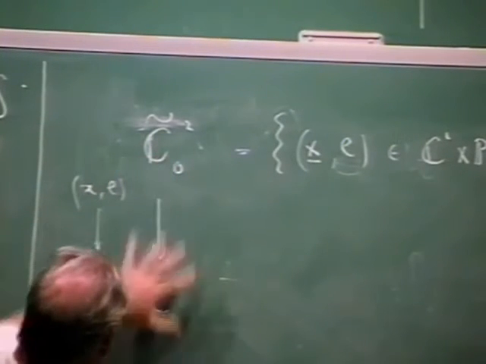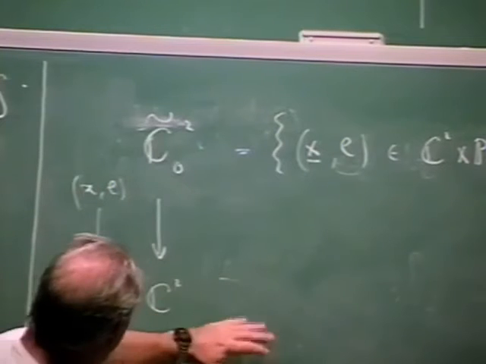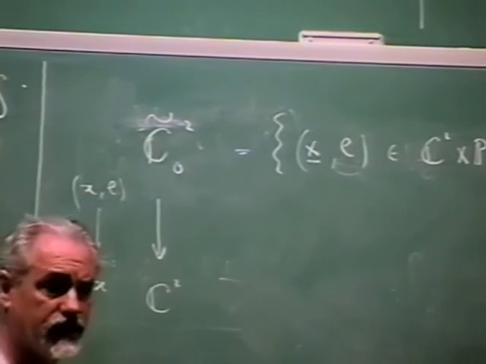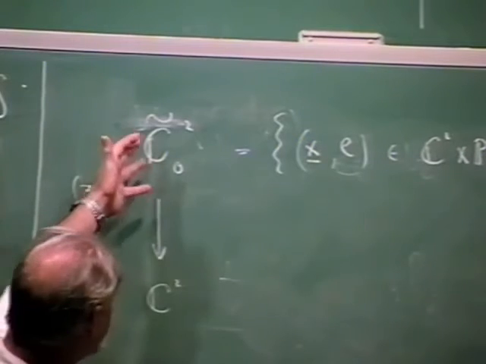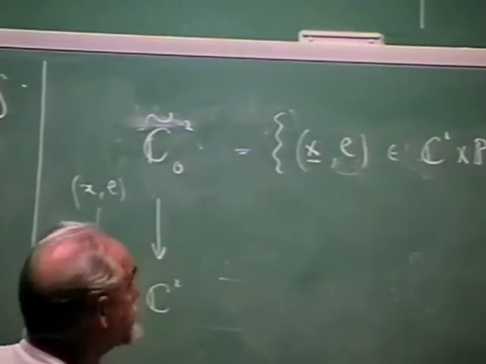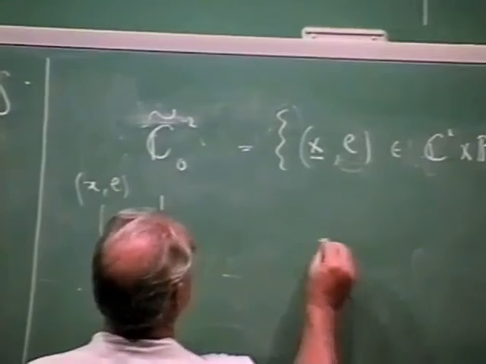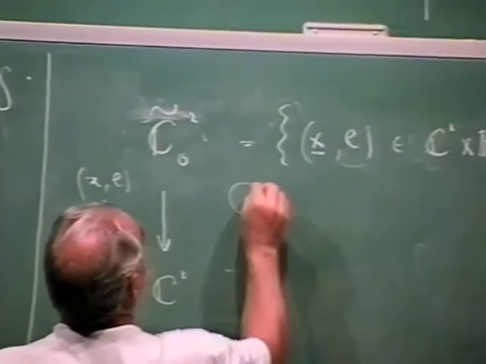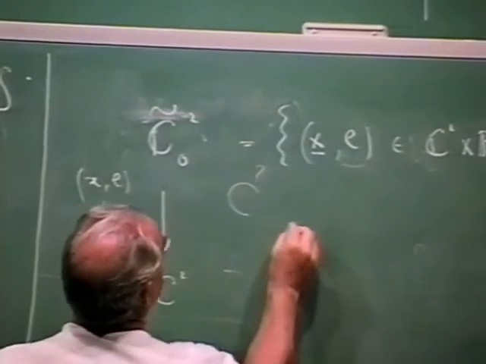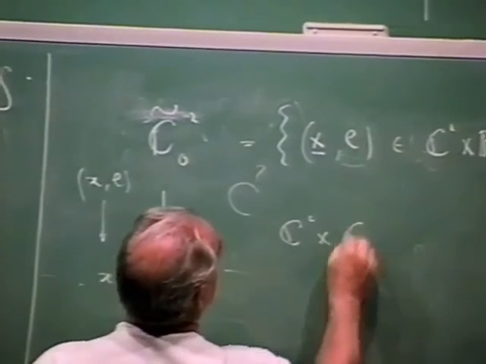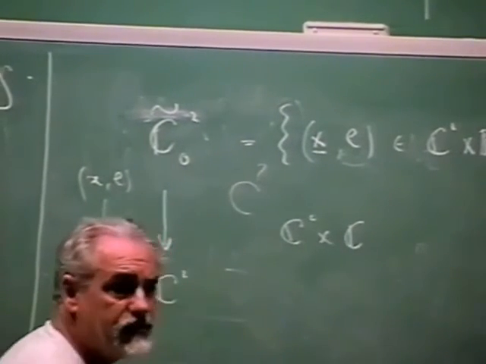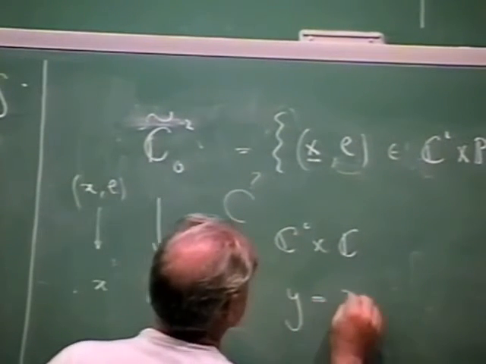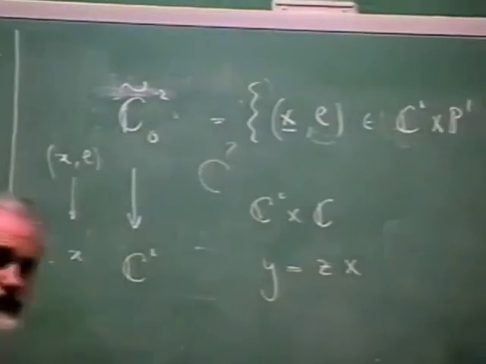So what has happened when I make this blow-up is that the points have remained the same, except for the origin, which has become a line. Now, there's a very nice way of describing this. It's sitting, this is not quite true, it's sitting in C2 cross C, given by the very pleasantly said equation y equals zx.